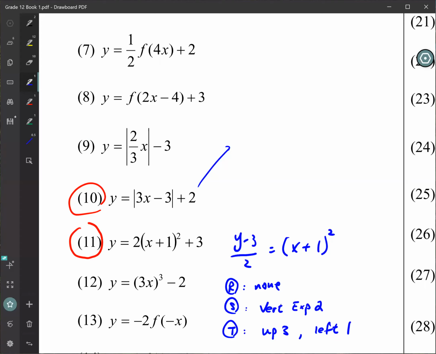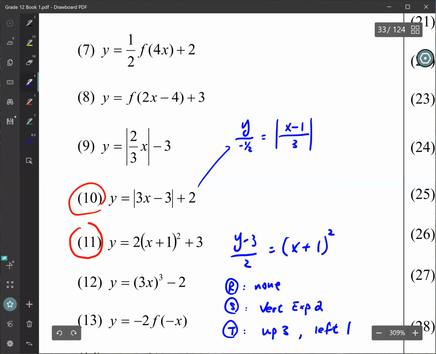Okay, Trudy, you already finished, right? Can you tell us your story form, number 10? I got y over negative 1 over half equals absolute value x minus 1 over 3. Okay, anyone agree, disagree?